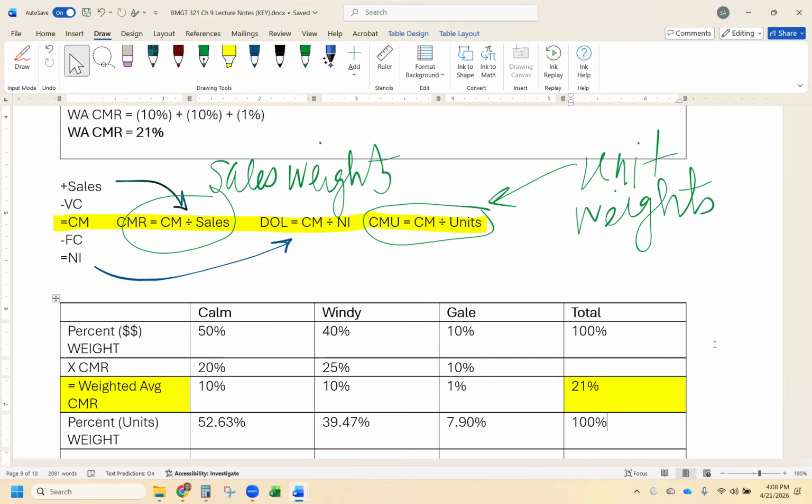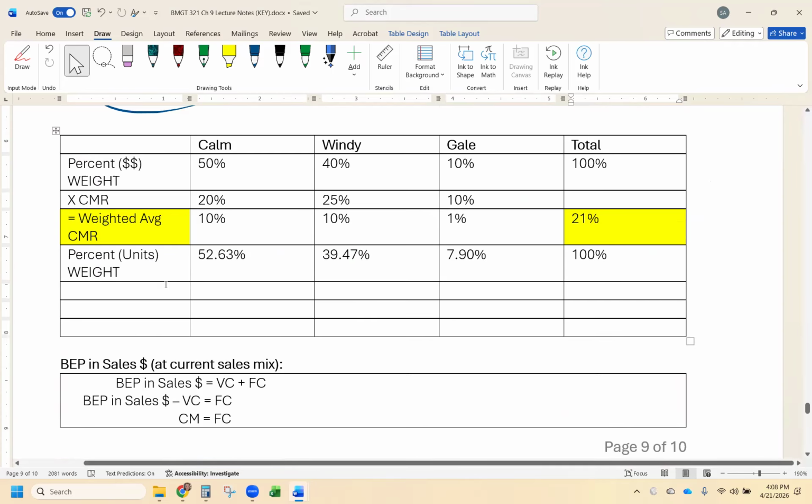They're almost the same anyway. If they were very, very different, I could see caring more about which weights you use. In this particular case, I think it would be okay to use the same weights for both because they're so similar anyway. All right. So we're going to multiply that by our CMUs.